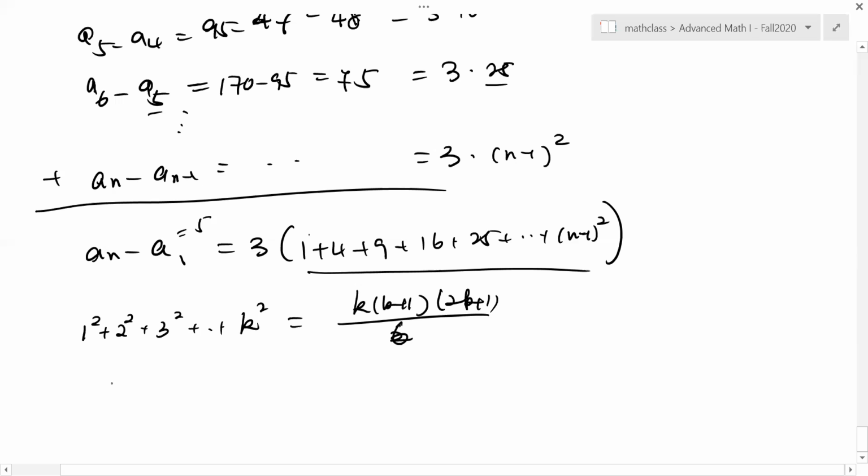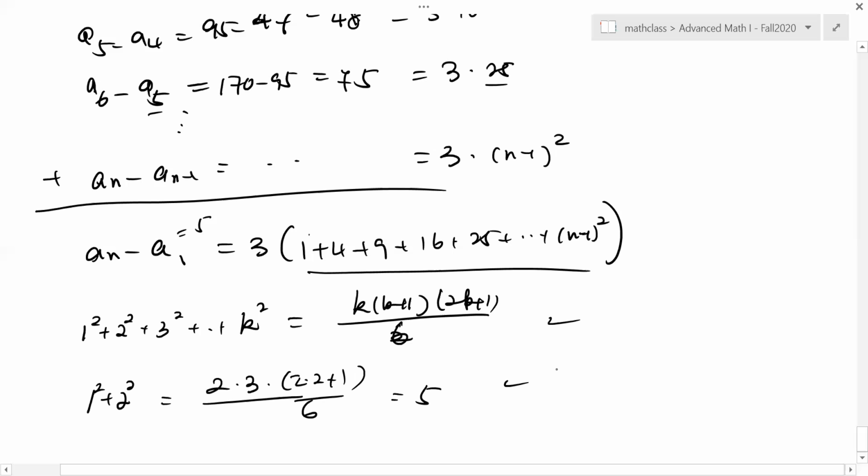When k equals 2, there should be 2 times 3 times 2 times 2 plus 1, divided by 6. So this should be equal to 5. And that's true. So that's why the formula is correct.